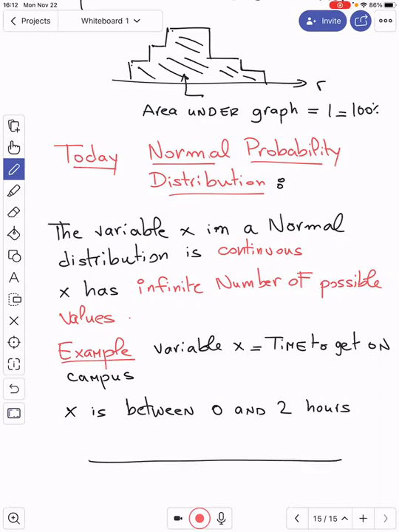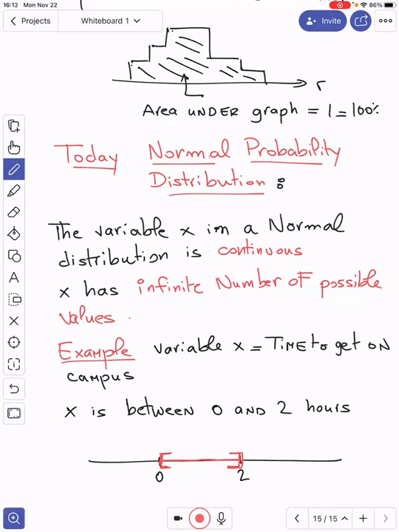On your number line, this is 0, this is 2, and your variable X can be any value between 0 and 2. So X belongs to the interval 0 to 2.